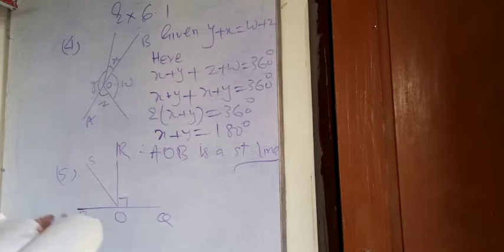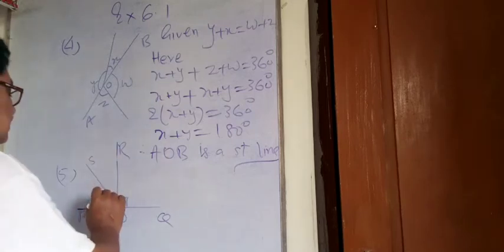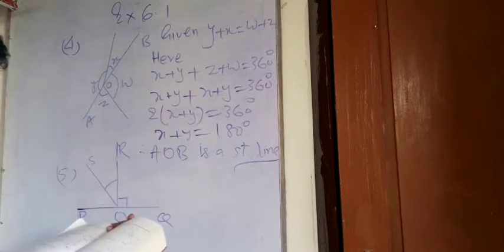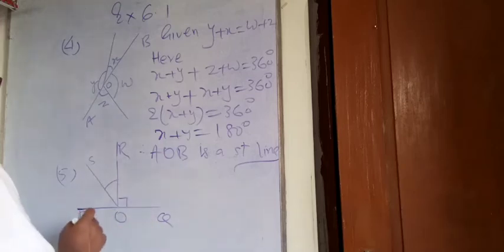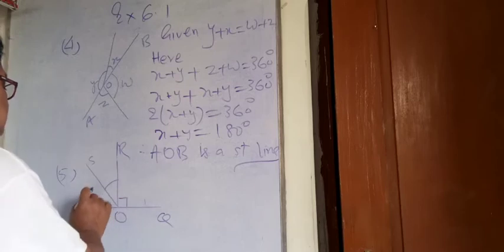Now see what we have been given. PQR is a line, ray OR is perpendicular, right? OS is another ray between rays OP and OR. Then we have to prove that ROS, where is ROS? ROS is here, equal to half of QOS minus POS. QOS, the complete one, and POS, this one.